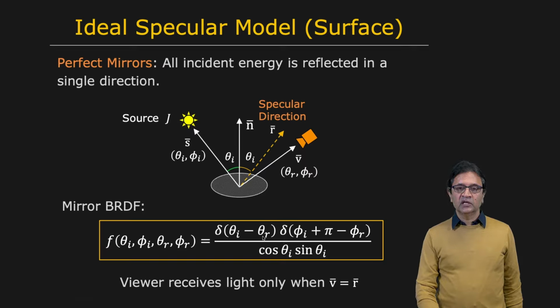So let's take a look at how these things manifest visually. Let's first take a look at the Lambertian model, which is body reflection. Let's assume that you're looking at a sphere, which is Lambertian. And the viewing direction is V, and the source direction is S. Even though I've shown the source and the camera very close to the sphere here, let's assume that they're actually really far away at infinity. And the angle between them is theta. So now you see here, this is the image that the camera ends up seeing.